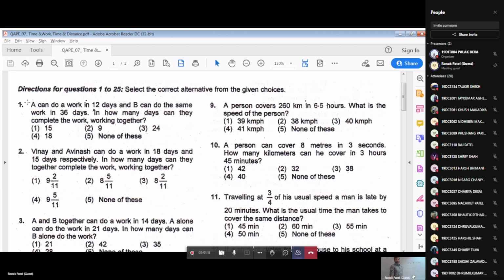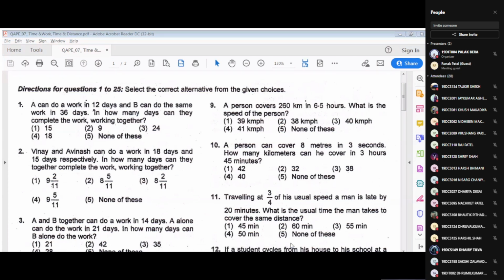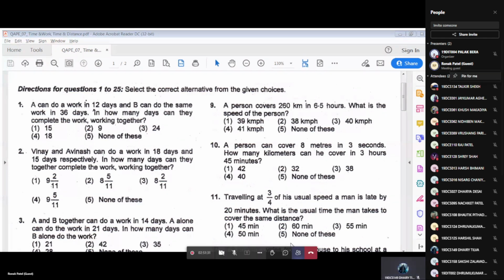My board is not visible. Last time somebody told me like that. Everybody cannot see the board right now. Somebody can guide the person who is having a problem switching.